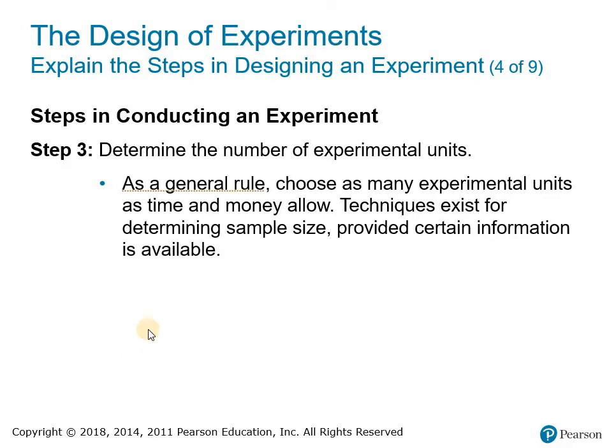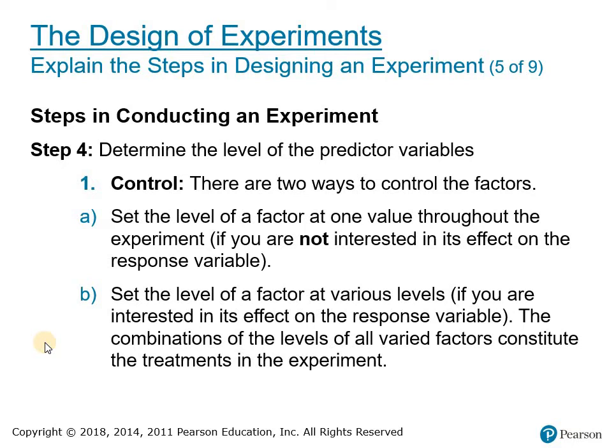The third step is to determine the number of experimental units. As a general rule, choose as many experimental units as time and money allow. Techniques exist for determining sample size provided certain information is available. The fourth step is to determine the level of the predictor variable. Control. There are two ways to control the factors.